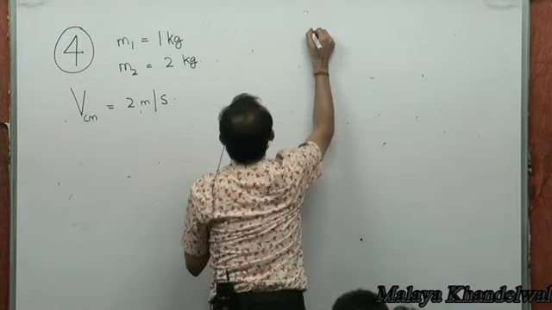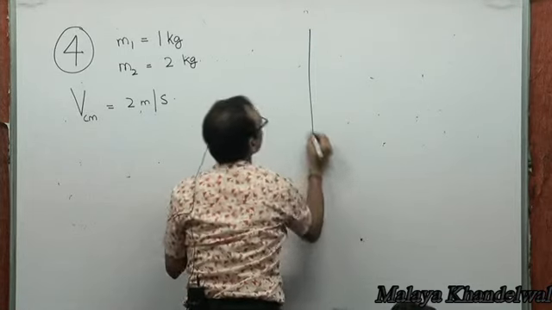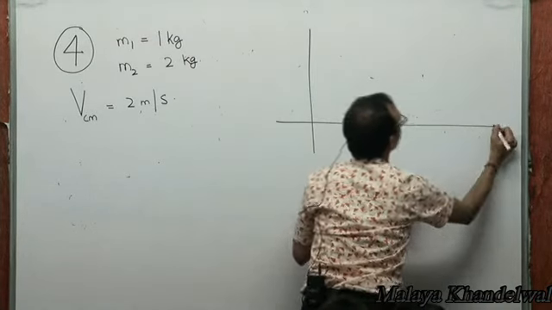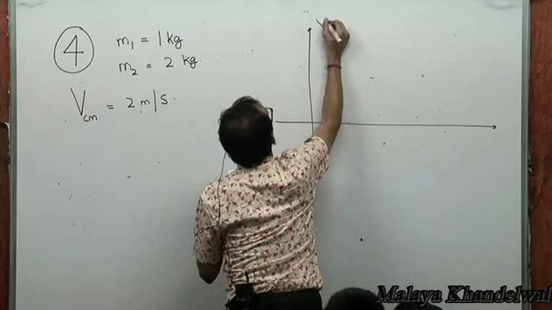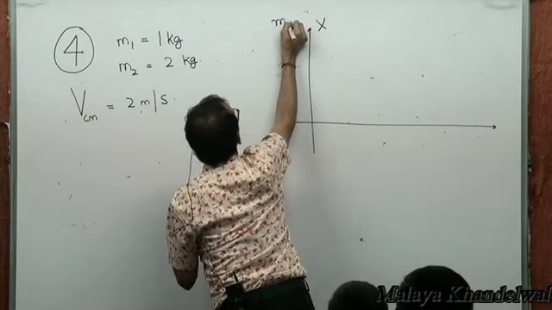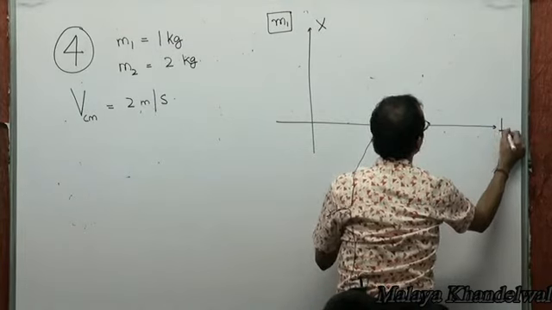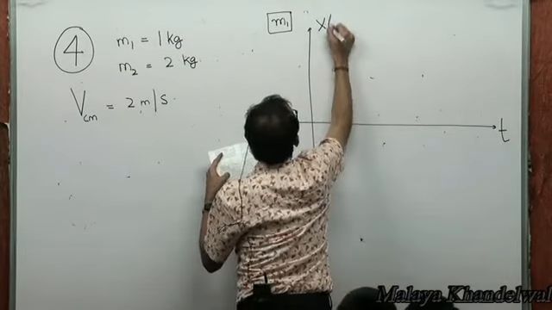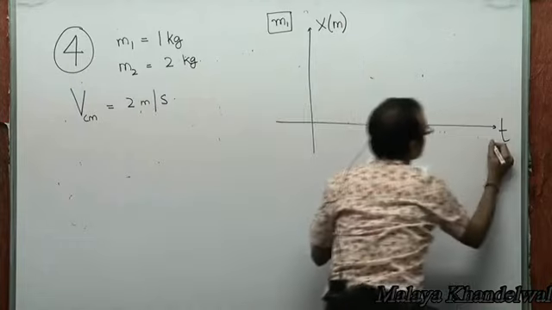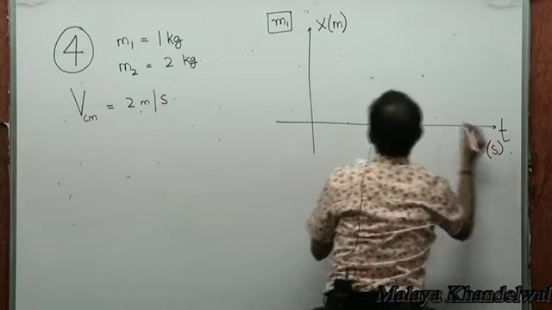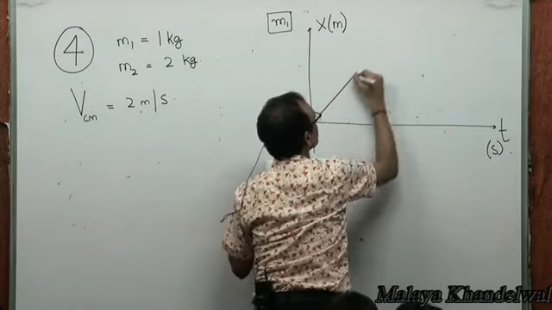Now the x coordinate of m1, this is for m1, with time in seconds and x in meters, is given as follows.